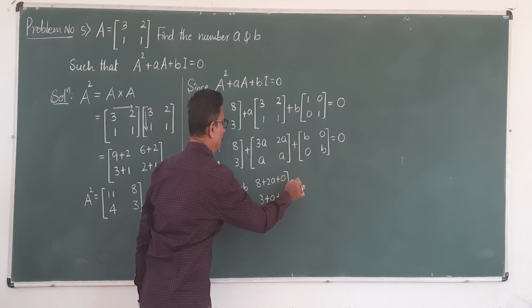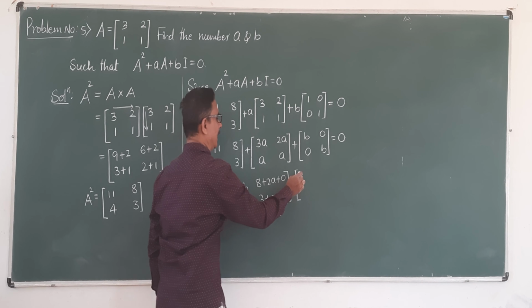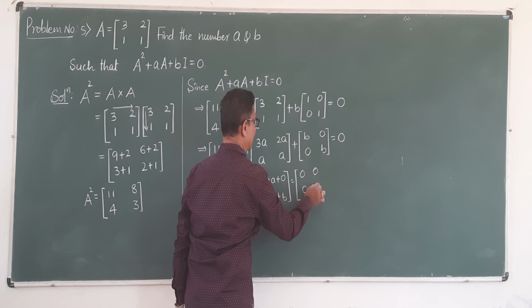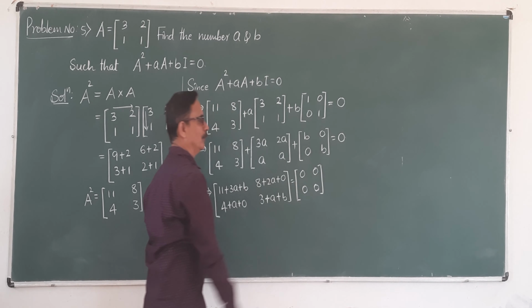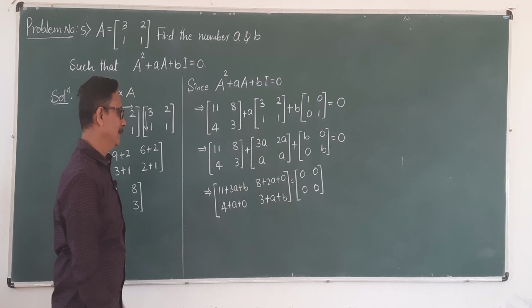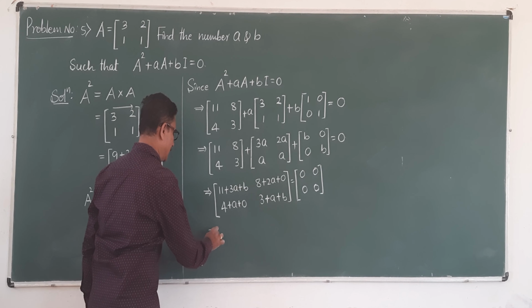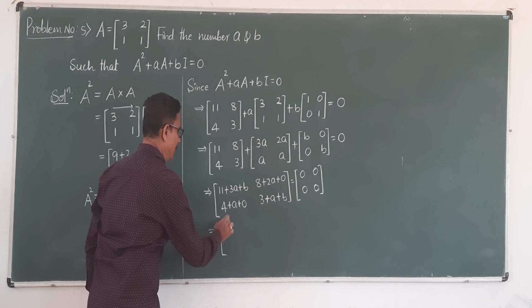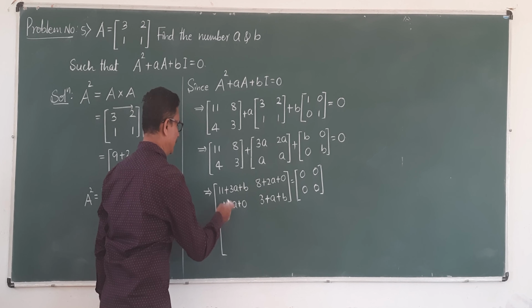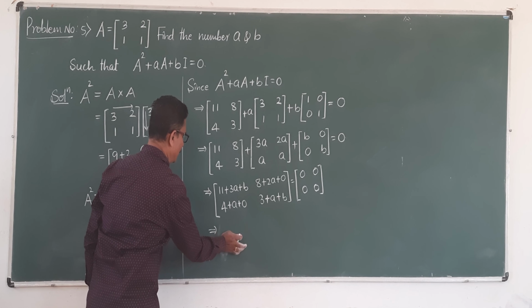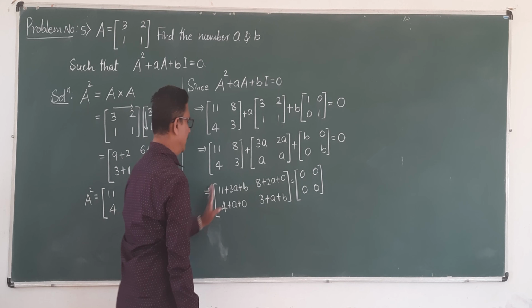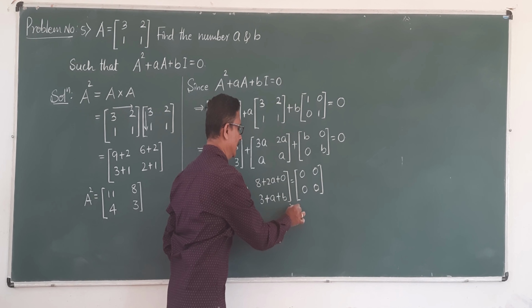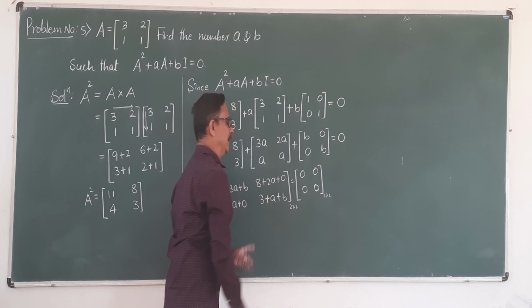is equal to 0. 0 can be written as the 0 matrix. All the elements are 0, that is known as the 0 matrix, right? Now observe: the left hand side is a 2 cross 2 matrix, the right hand side is also a 2 cross 2 matrix.